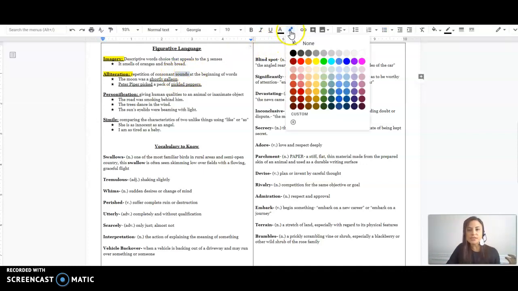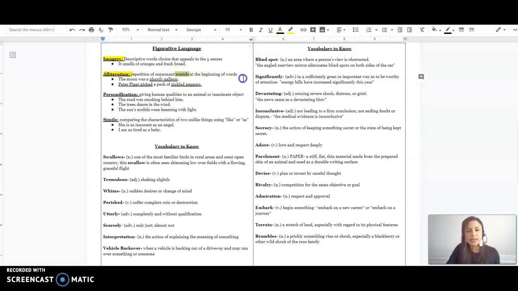So words can start with different letters, but if they have the same sounds, then they will be alliteration. Also take note that ghostly galleon only has two words with the same sound, whereas our Peter Piper picked a peck of pickled peppers has several words that start with the P sound. You only need two words for it to be alliteration, okay?